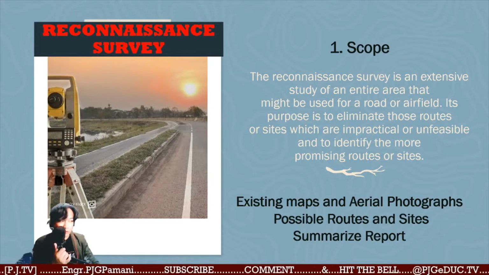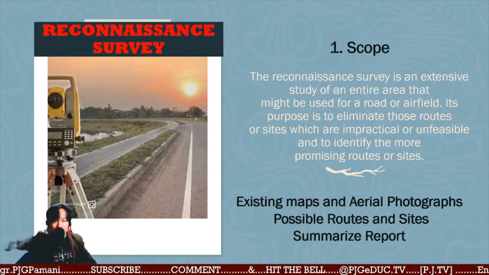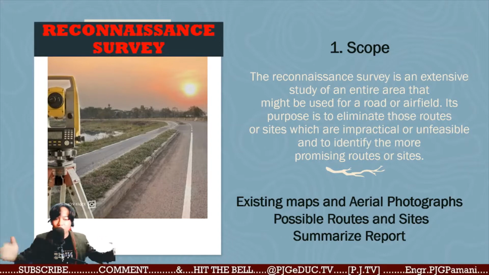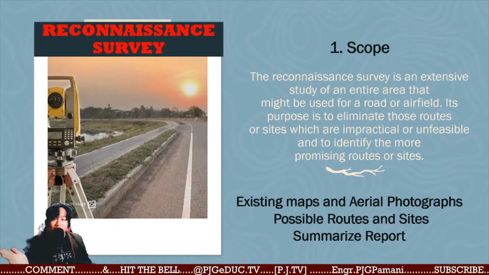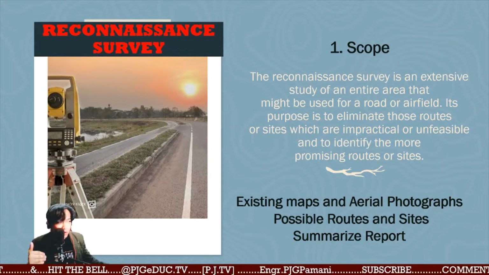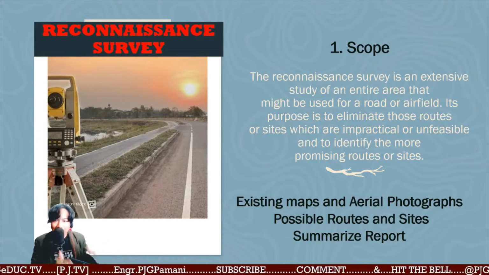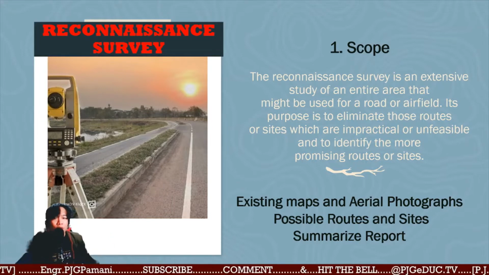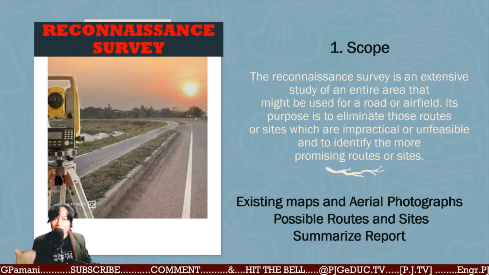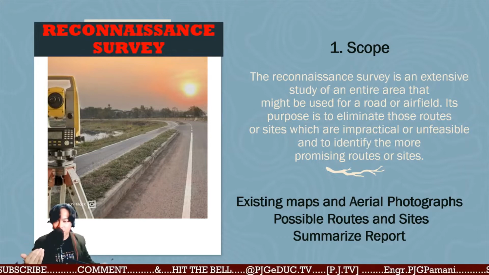Why do we need to consider that information? The existing maps and aerial photographs let us identify the topography and the geometric figure of such location, whether this particular road design is suitable for this location, and how many lanes we are going to consider, as well as possible routes and sites. How are we going to execute the design process?